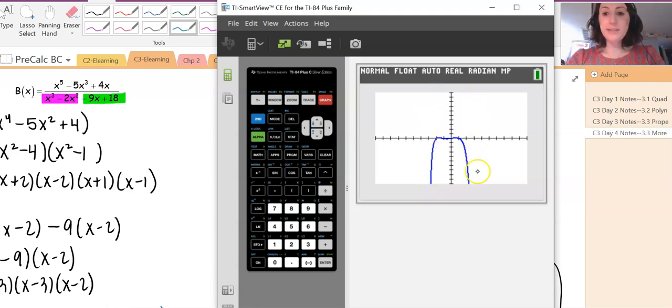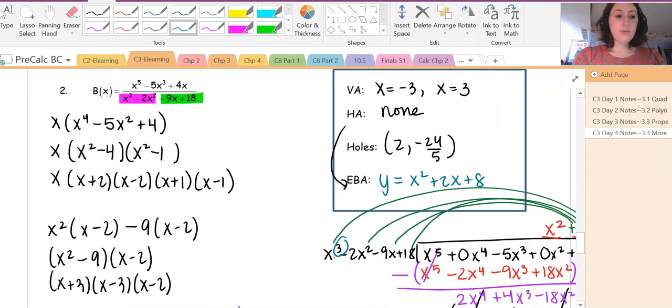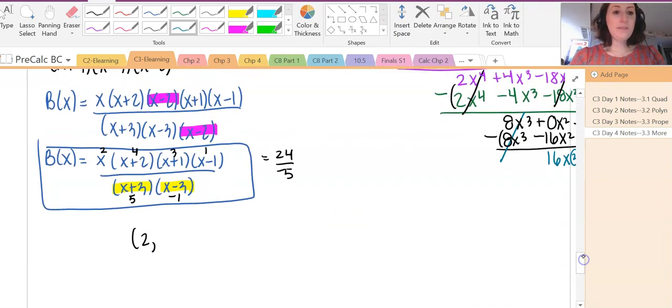So our vertical asymptotes are here, which means there is something more going on. And you know it's going to be up as opposed to down, because if you look, the degree of your vertical asymptotes were 1s.